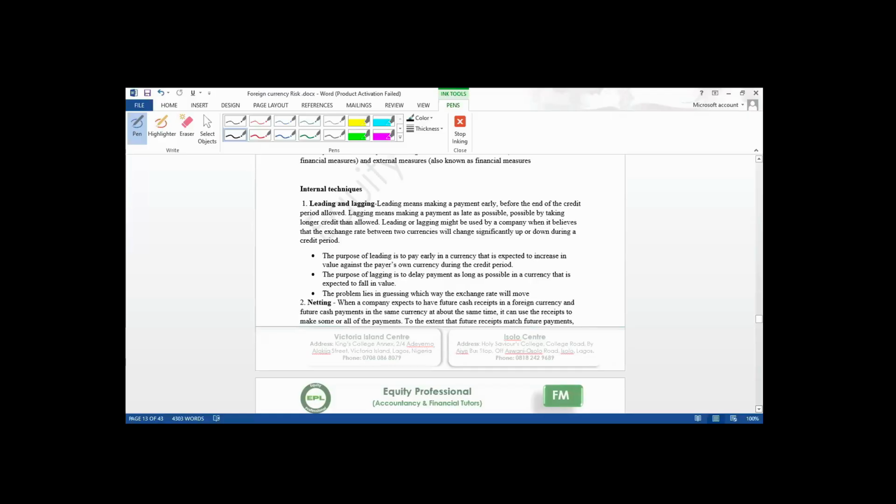You are netting off your foreign payments against your foreign receipts in the same currency denomination.